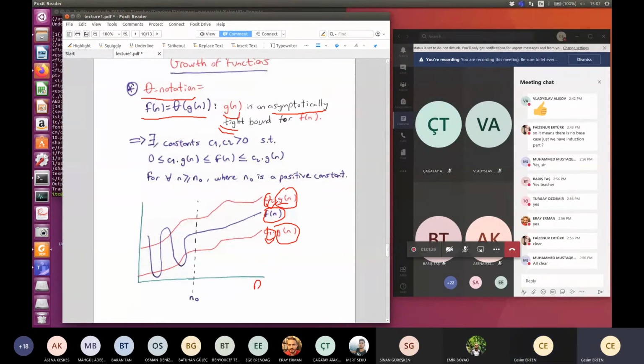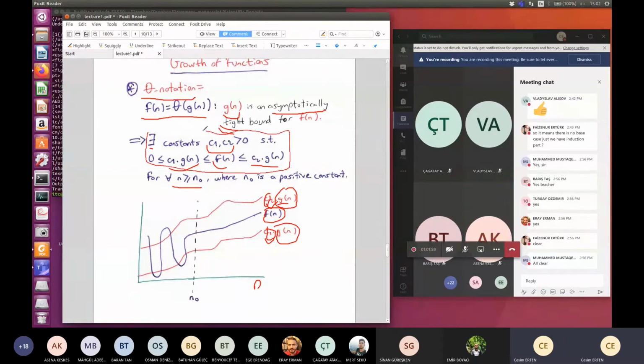Formally, it tells us that there exist positive constants C1 and C2 such that, starting from some starting point n0, f of n is less than or equal to constant C2 times g of n and is greater than or equal to constant C1 times g of n. Okay, so this is the formal definition.